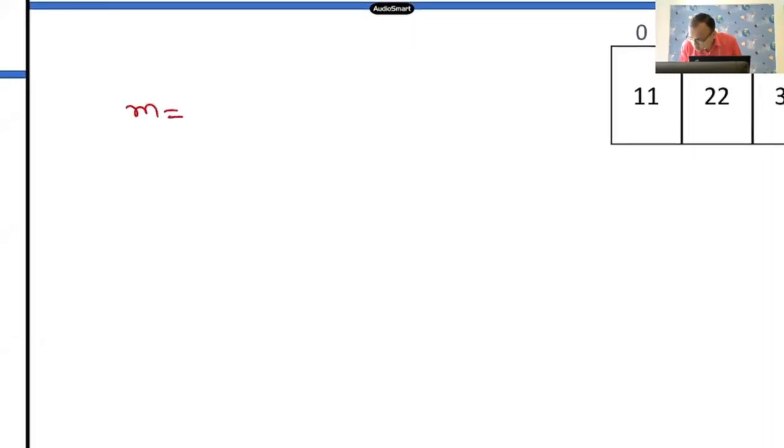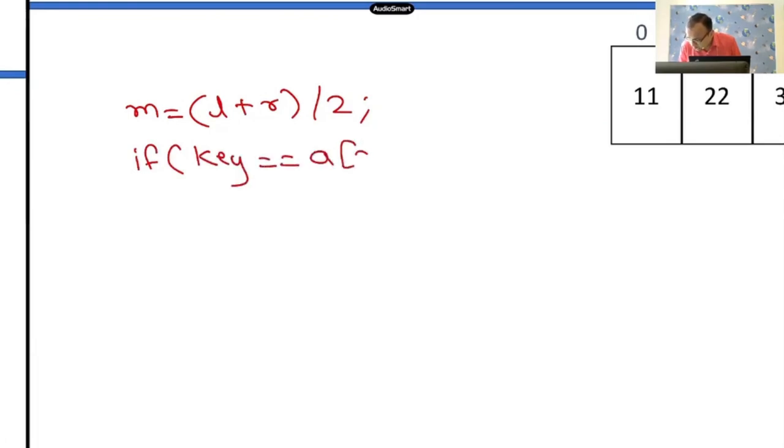Your logic was as simple as you are simply saying that mid is equal to left plus right by 2. If key is matching a of m, you already said that return key.